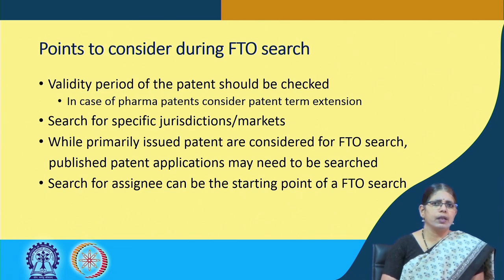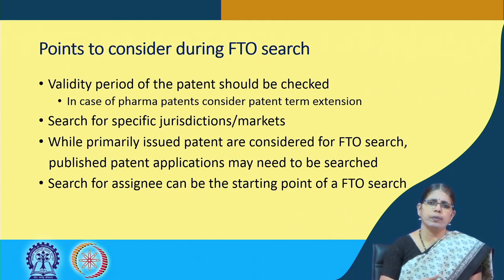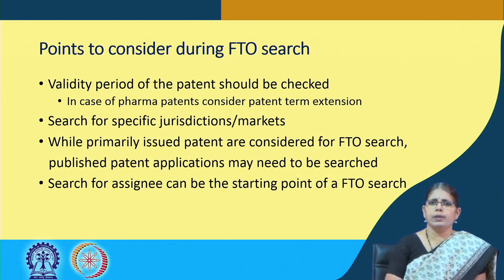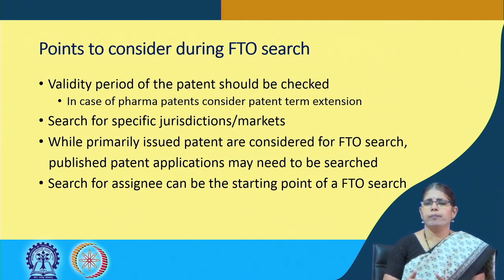So, search by assignee, if you remember in the earlier lectures, in the simple aspects of search, we dealt with the aspects of number search, assignee search. It is here that you can find the relevance of the assignee search, that it tells you the spread of the assignee with respect to the different subsidiaries, the different holdings, and then the different technologies that they are bringing in the different geographies.